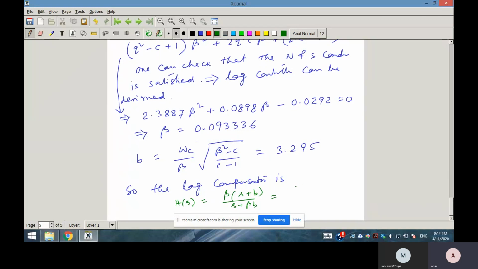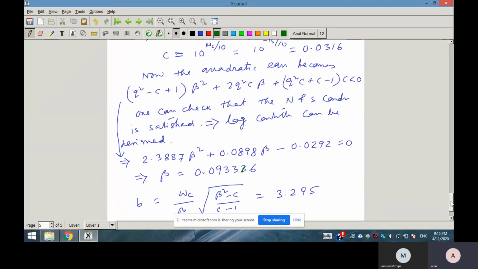If you put those b and beta values, then it will be 0.09336 (I think this is 0.09336, please check it) times (s plus 3.295) divided by (s plus 0.3076). So this is about the lag controller.